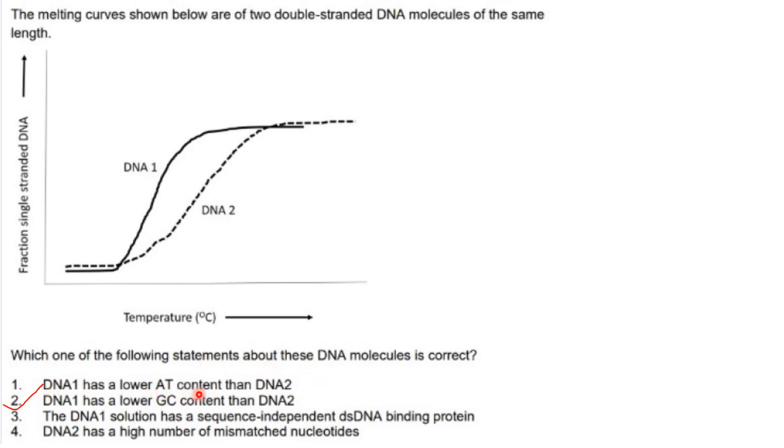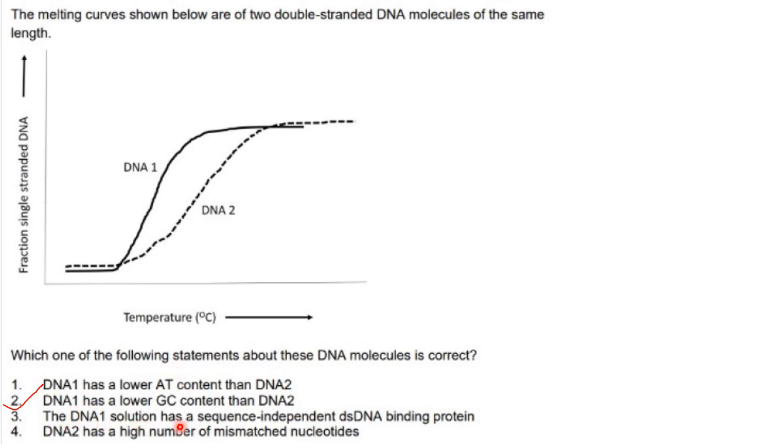DNA 1 has lower AT content than DNA 2. That is not correct, because DNA 1 has higher AT content than DNA 2. DNA 1 has lower GC content than DNA 2. That is correct. That is why DNA 2 has higher Tm than DNA 1.